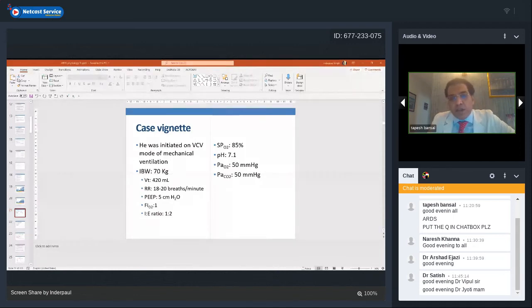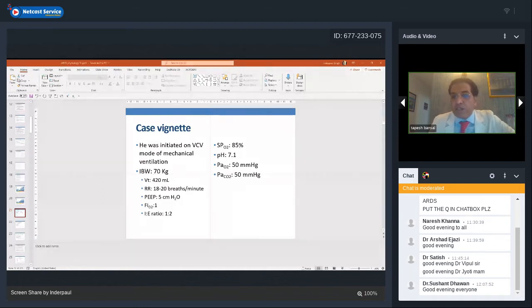Amongst ARDS mimickers, we have acute eosinophilic pneumonia, like she said, acute exacerbation of ILD, radiation pneumonitis, and so on and so forth. This is important to differentiate, because though they will have bilateral infiltrates, radiologically you may not be able to differentiate, PF will be less than 300, but the treatment will differ.